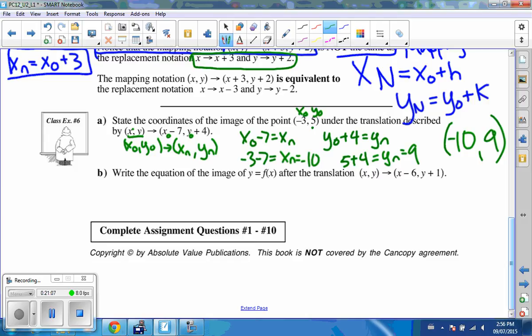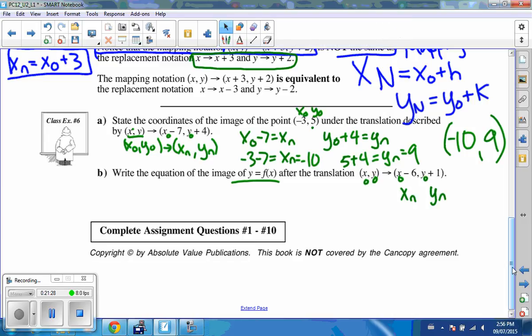This is, again, mapping notation, but now they want the equation. I can't put mapping notation into my equation. I can only put replacement notation into my equation. So x old, y old is x new, y new.